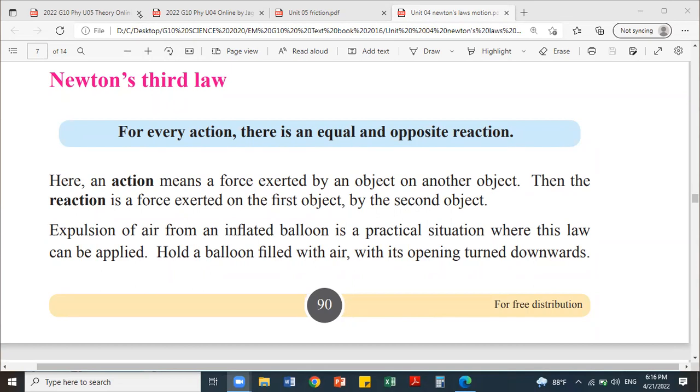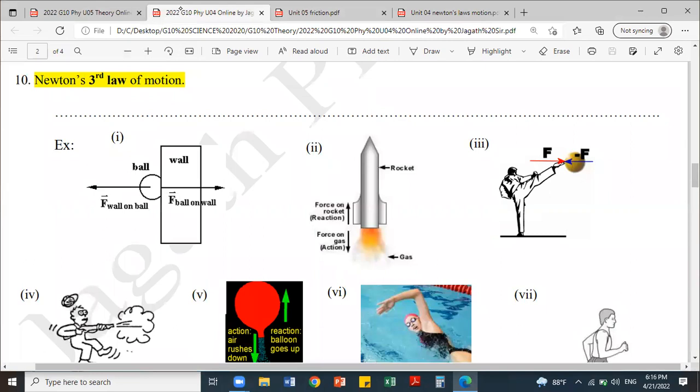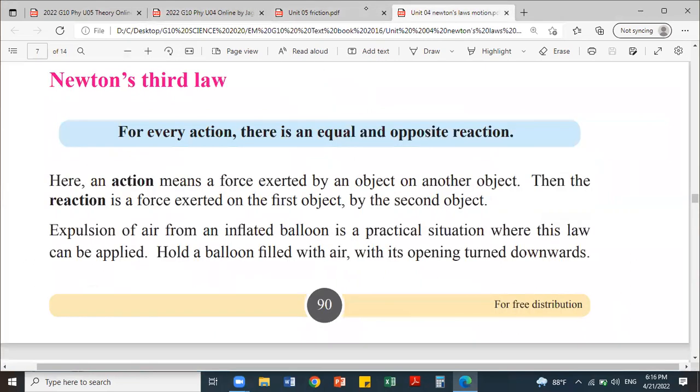Now you can see here in the tutor I have given many examples in our day-to-day life, practical applications of Newton's law. So first let's write Newton's third law.